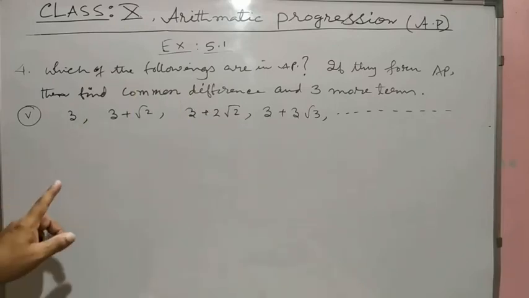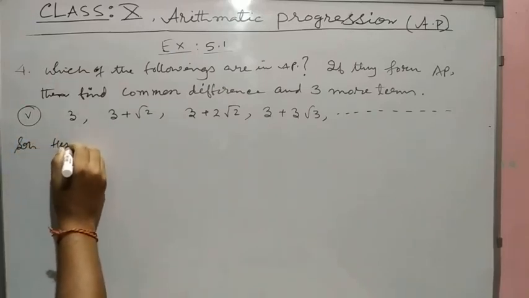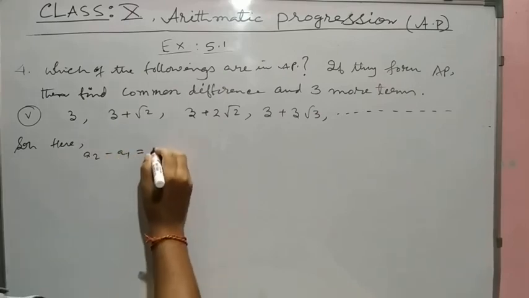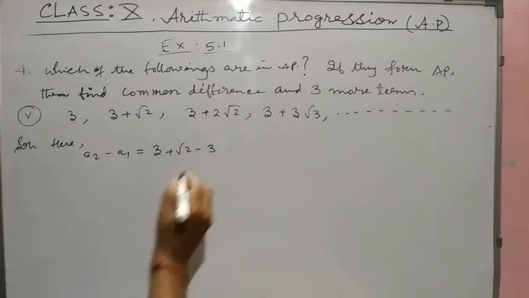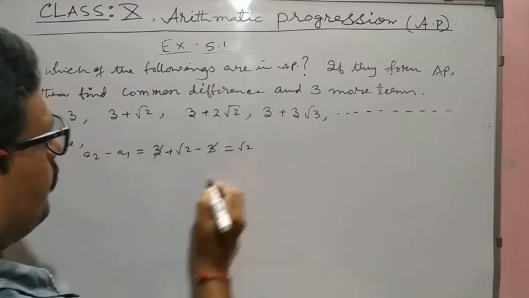तो AP में तब भी होगा if their differences are same. So let us find out their differences. So solution. Here A2 minus A1 equal to 3 plus root 2 minus 3. So this cancel. So ultimately it will be root 2.